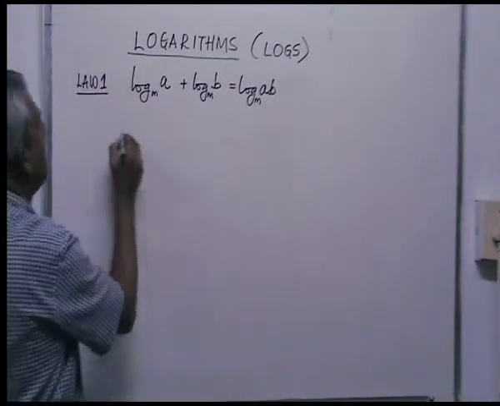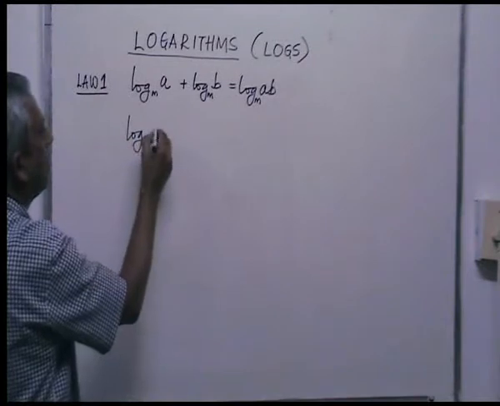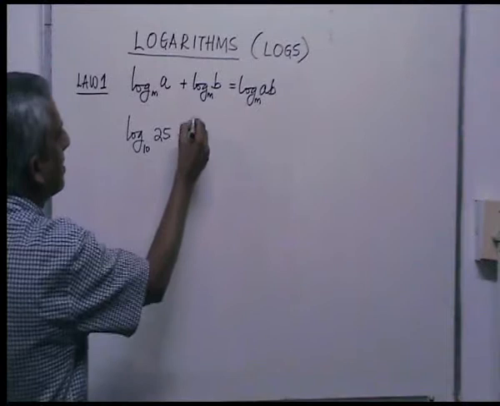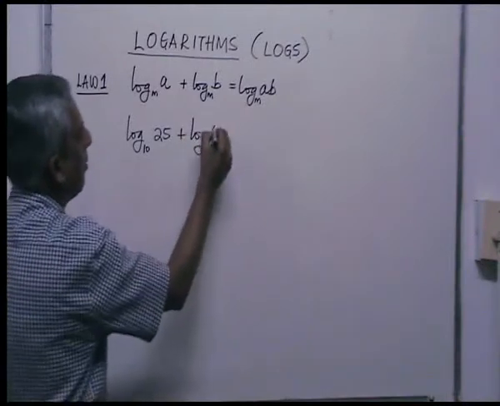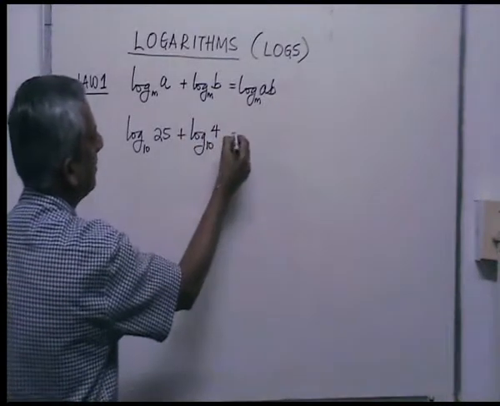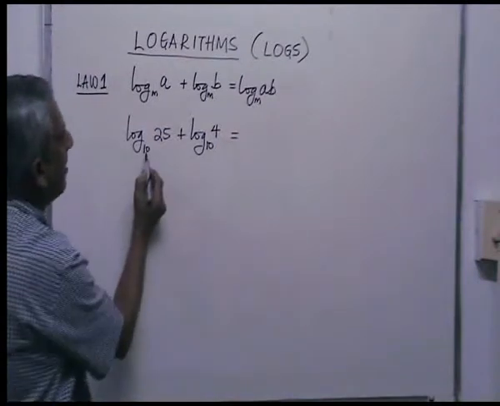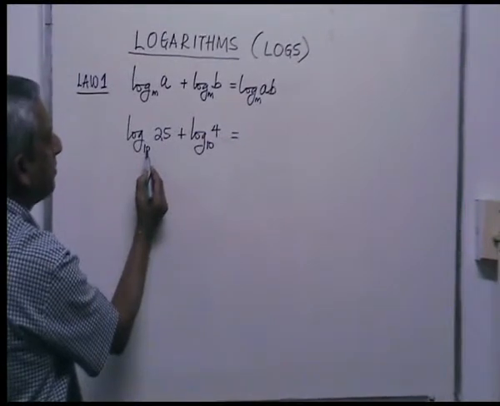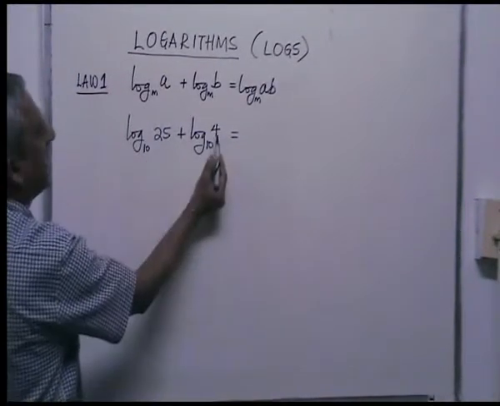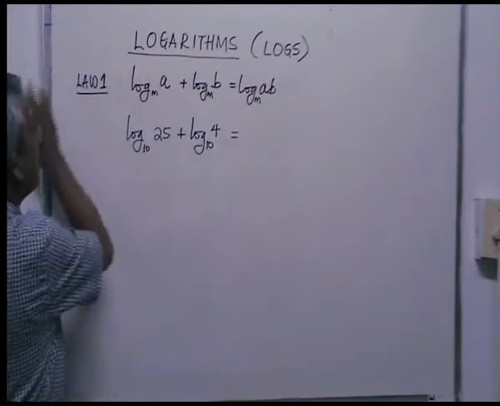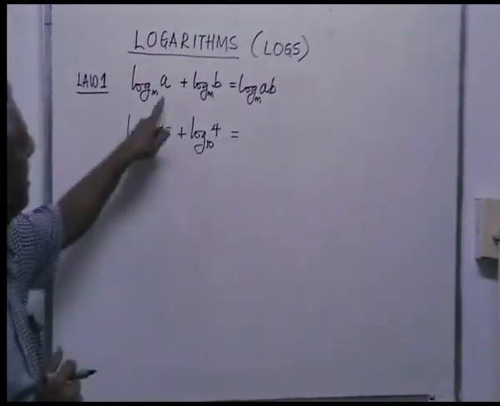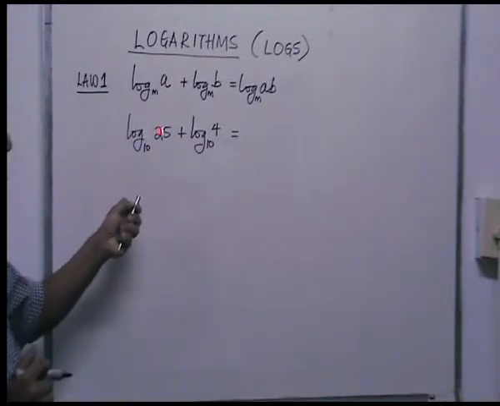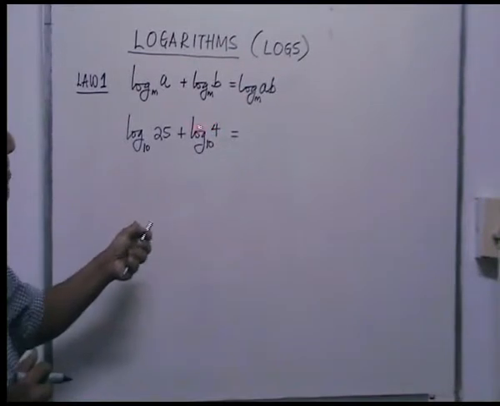So let's do an example. Suppose you had a question like this: log of 25 to the base 10 plus log of 4 to the base 10. Then firstly, when you look at it, the bases are exactly the same. Therefore, this represents A, that represents B. So the law says you must multiply A times B. So if this is A and that is B, then we have to multiply these two numbers.